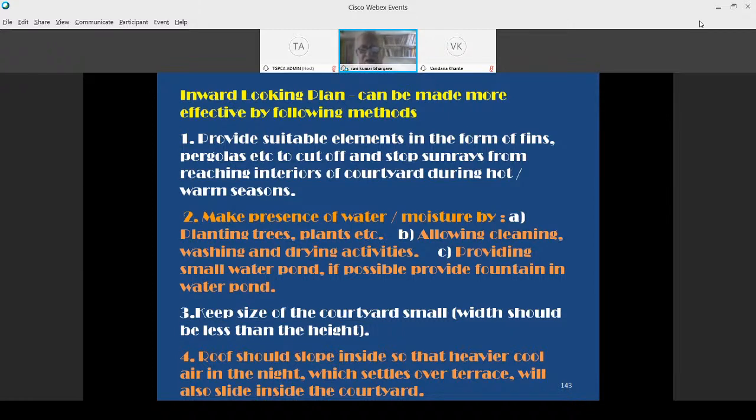But whatever cool air settles on the roof, because of the slope, it will slide down into this courtyard. So it is beneficial to provide a slight slope in the roof toward such a courtyard.